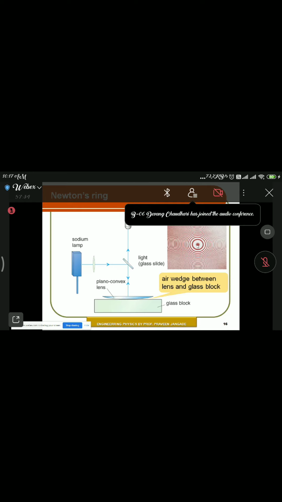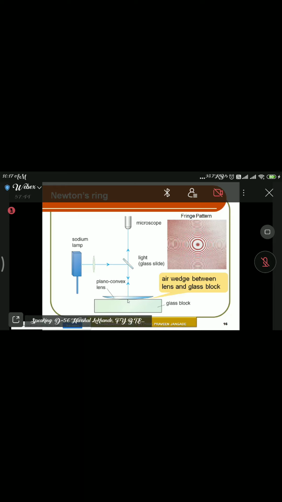The broader dark spot that appears at the center is because, again I repeat, it satisfies the condition of destructive interference. Okay, then why is it in a circular manner? Every time, one particular ring is generated from one point, then another from another thickness point, and so on.